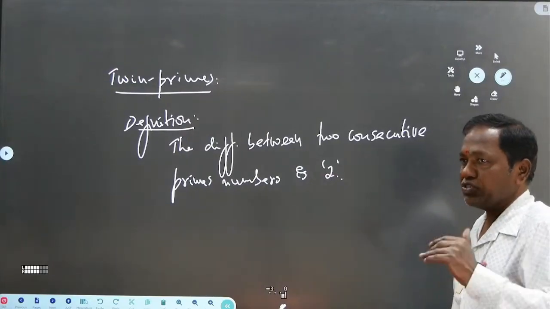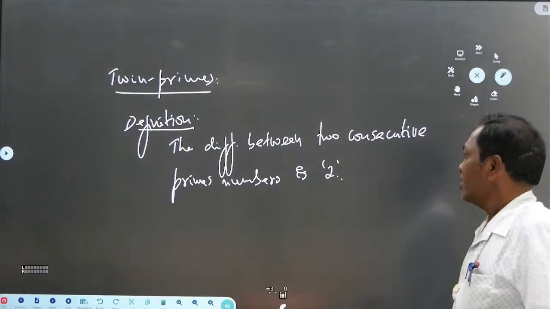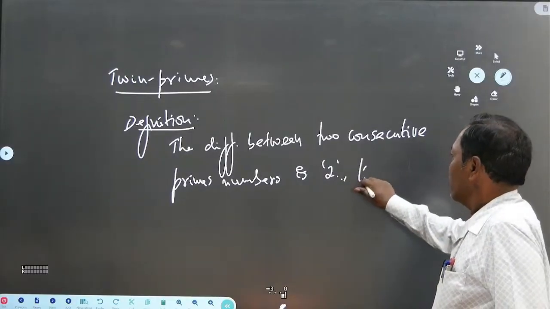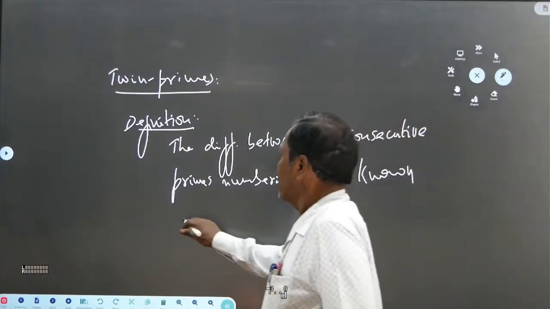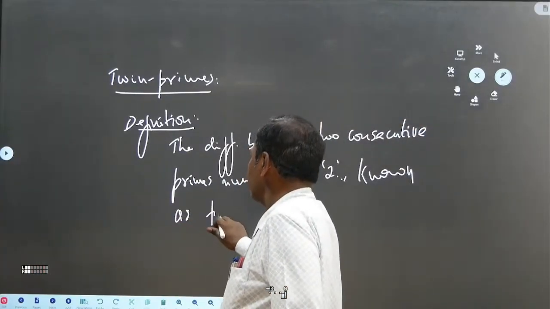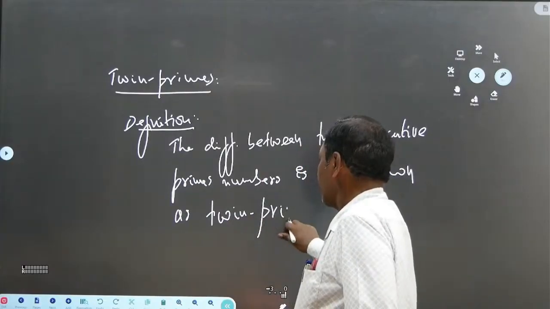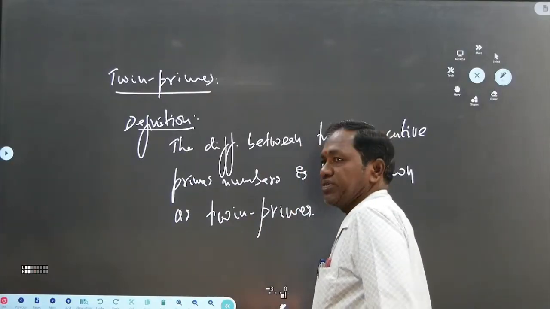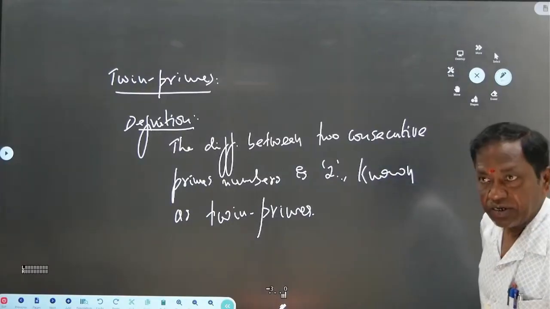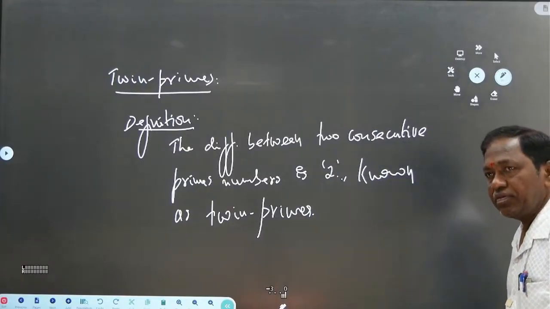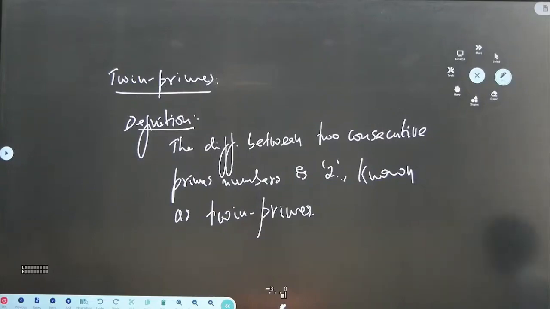If you take two consecutive prime numbers and the difference is 2, then they are known as twin primes. That is twin primes. Okay. Now the next question.